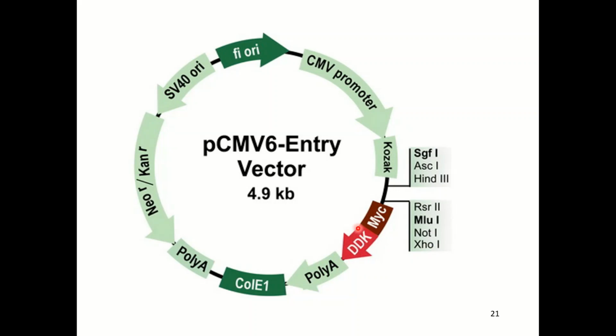This is just a tag that binds very strongly to a specific antibody. So if you want to visualize where your gene that you put in is being expressed in a cell, how much of it, or the location in the cell, that's why that is there. The other part I'll mention here is this neomycin kanamycin resistance gene, and that's also used to select cells that have the plasmid in them.